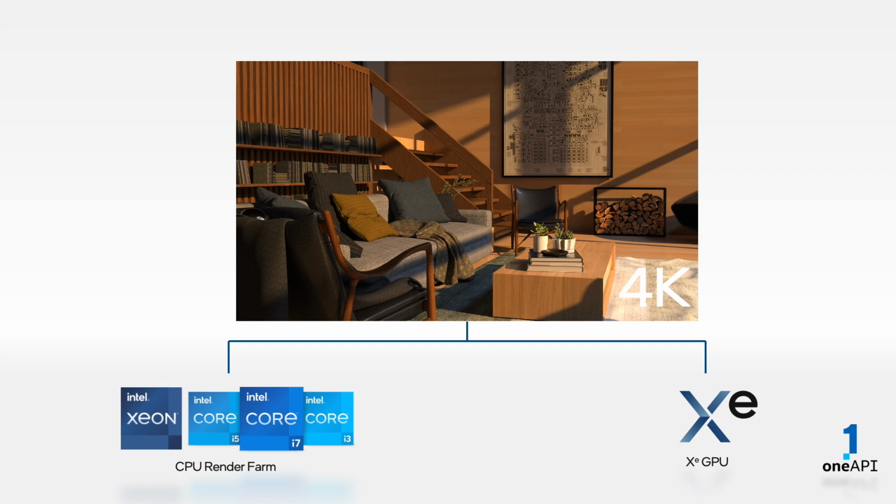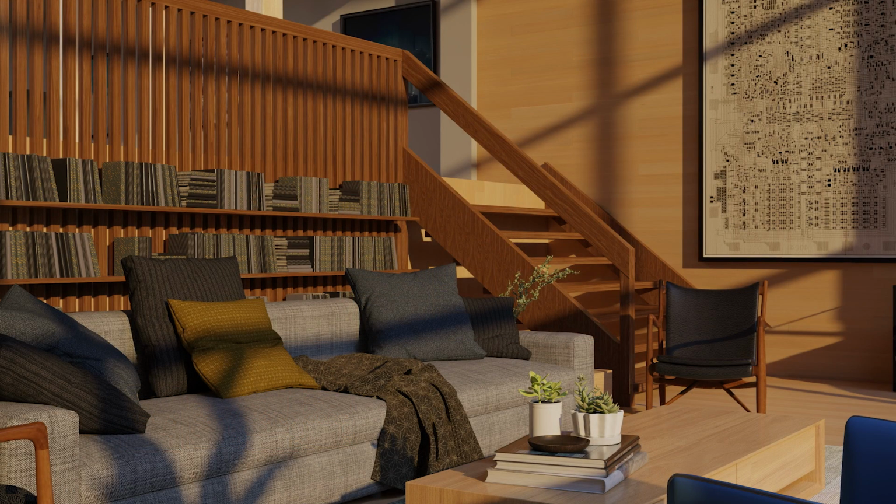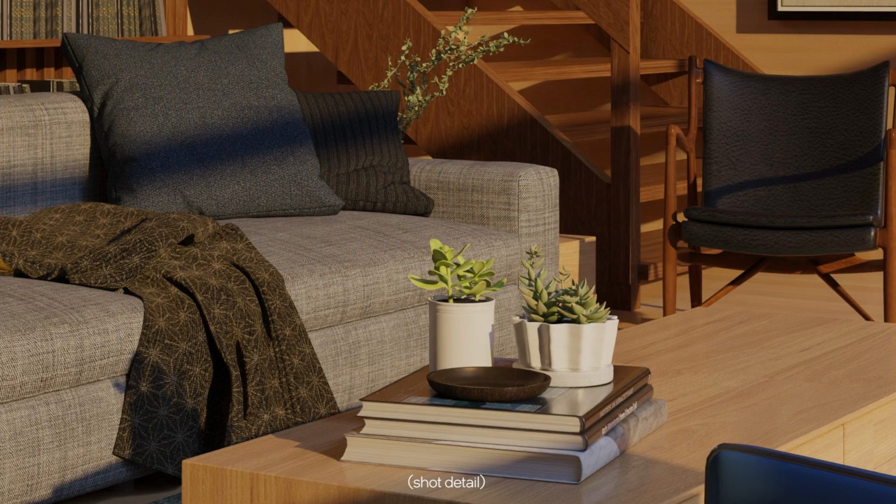Okay, once the scene is ready for final movie-ready 4K rendering, studios can choose an Intel Xeon CPU-based render farm or seamlessly add OneAPI-capable Xe GPUs to improve their workflow. Here is one 4K full-fidelity frame rendered with a ray tracing-capable Xe GPU. The full 4K movie is available for viewing in the demo showcase.